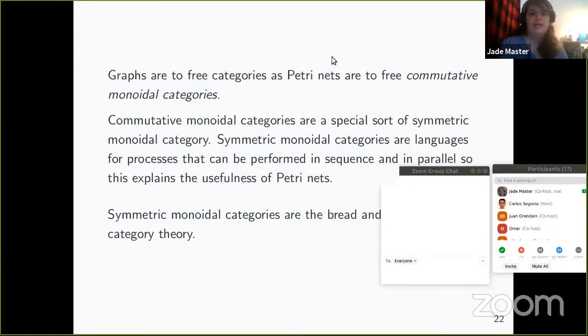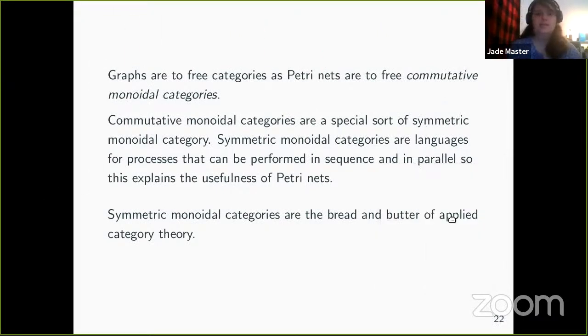Right, so that's a token game, and there are nice mathematical ways to formalize it. And the idea is that you can freely generate a nice sort of symmetric monoidal category from a Petri net, and the objects of that symmetric monoidal category are going to be markings of your Petri net, i.e. elements of the free commutative monoid on your set of places.